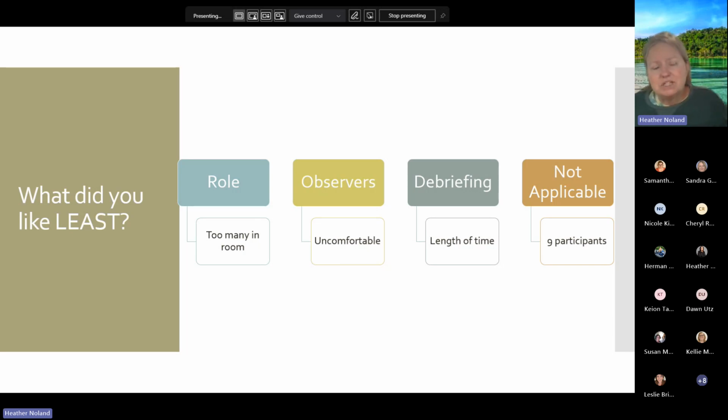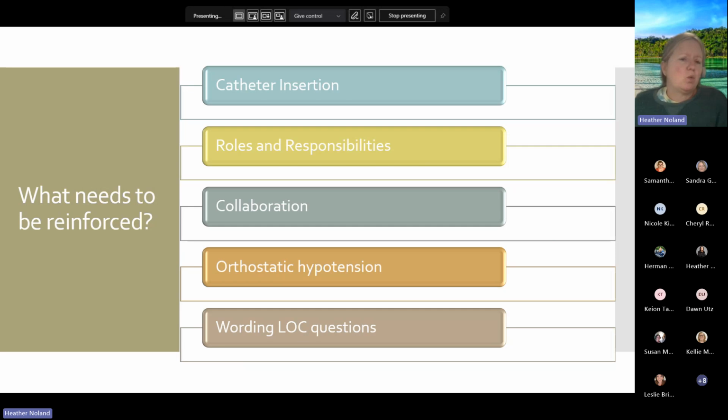You can dive a little bit deeper. And again, I'm just pulling out some measures that they are looking at. And so what needs to be reinforced was another question, and there you go. I believe Heather was talking earlier about finding those opportunities. Well, here we go. These are some opportunities that they would like to have more experience with. And so you can gather this data and then dig a little bit deeper into the roles and responsibility.